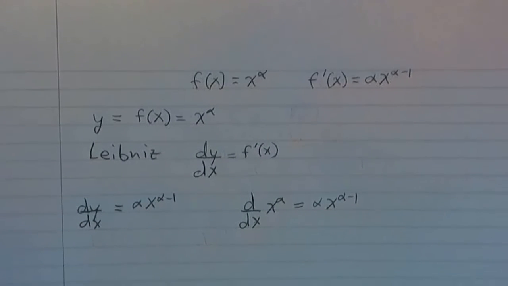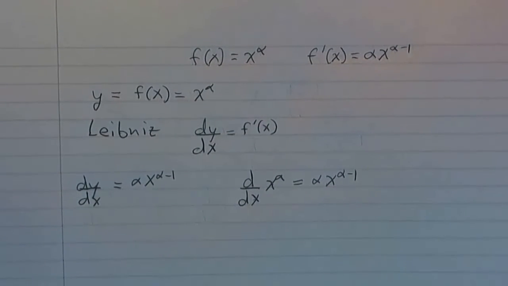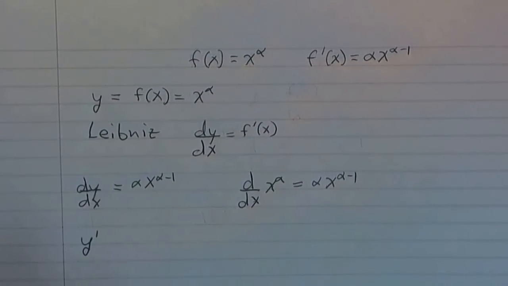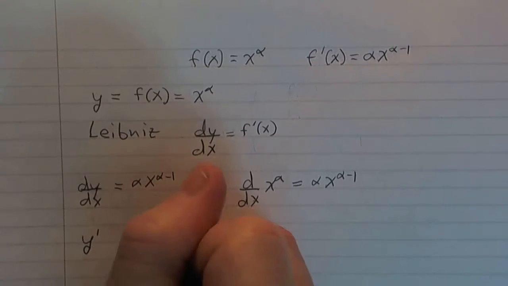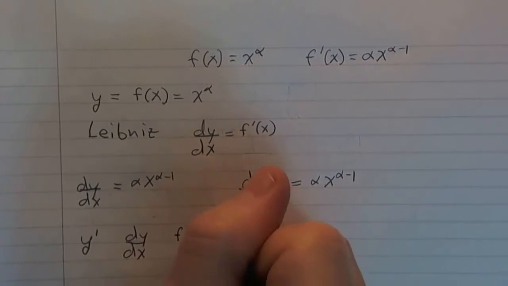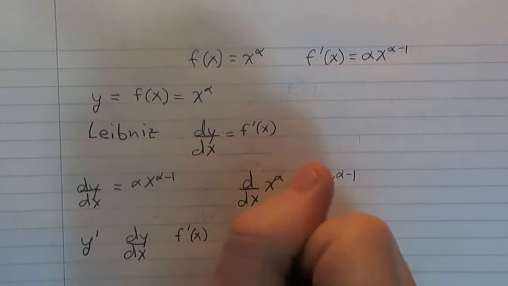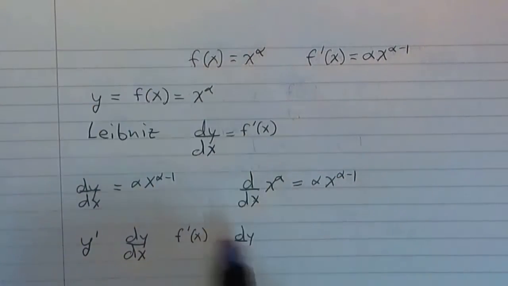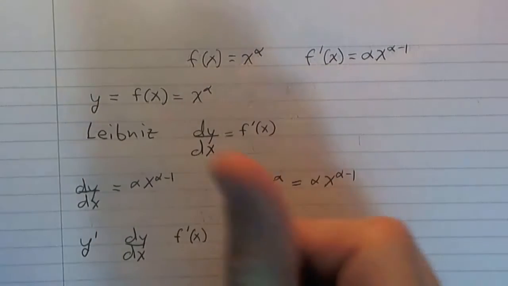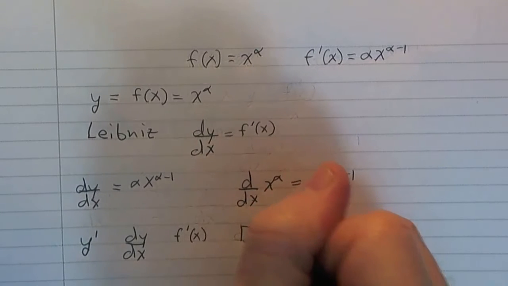But the thing is, you'll see the derivative written different ways. You might even see y prime. You might see dy dx. Of course, you might see f prime of x. Sometimes you'll see a capital D with a little x there.